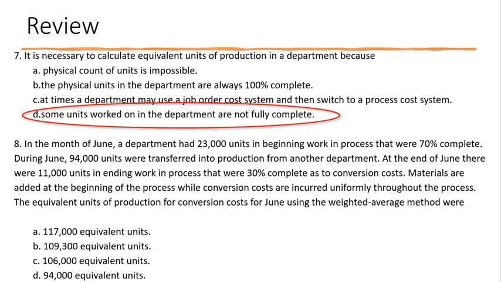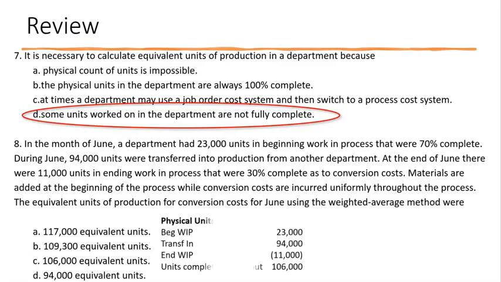Okay, so to get the equivalent units, we have to look at units that were started, what's left, and what was transferred out. The missing piece we have is what was transferred out, so we have to look at our physical units to figure out what we completed and transferred out. We do that by taking the beginning work in process, 23,000.